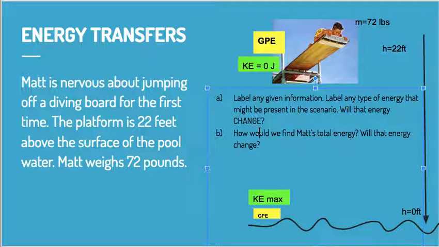How would we find Matt's total energy? So we would need total energy equals KE plus GPE. So at the top, before Matt jumps, we're going to add GPE plus kinetic energy. But if kinetic energy is 0 joules, then our total energy would just be equal to the GPE at the top.